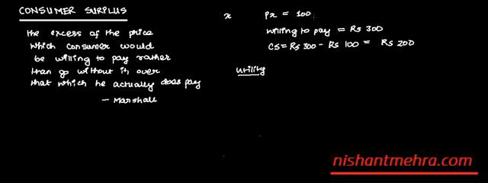So, in this case, the amount which he is willing to pay is termed as the utility to the consumer, and the amount which he is asked to pay is the utility loss to the consumer. Right? And the difference between the two is the consumer surplus, right?